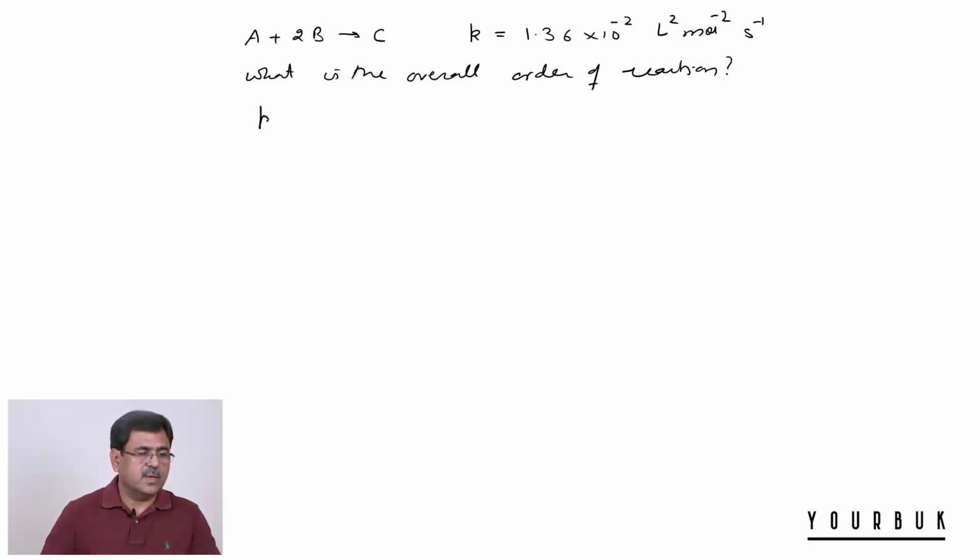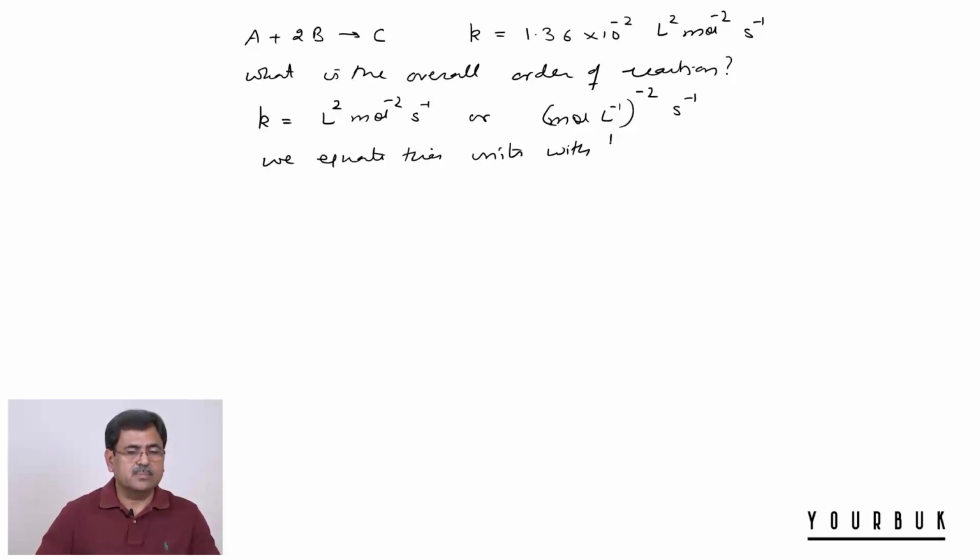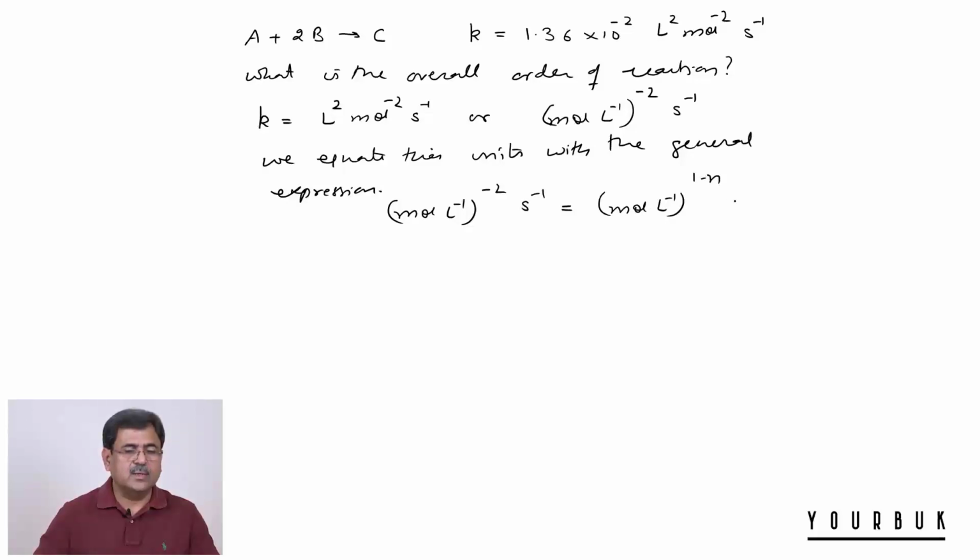Now in this case, K has units of liter square mole minus 2 and second inverse, and we express this as moles per liter raised to power minus 2 second inverse, and we equate these units with the general expression: moles per liter raised to power minus 2 second inverse is equal to concentration raised to power 1 minus n and time inverse.